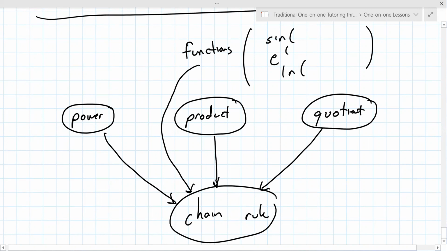So, and the derivative of ln is what, 1 over x, right? Yes, but let's say it was 1 over x to the 10th, then it's chain rule. And you would do chain rule. Okay. So what I was trying to show here is that you're either starting with power rule, a function, a product rule, or a quotient rule, but then it could lead to chain rule. Okay.